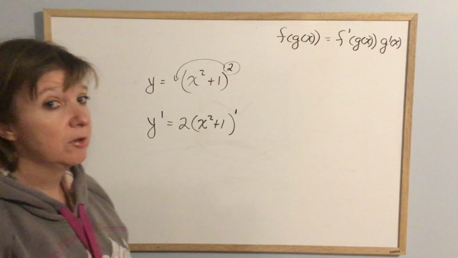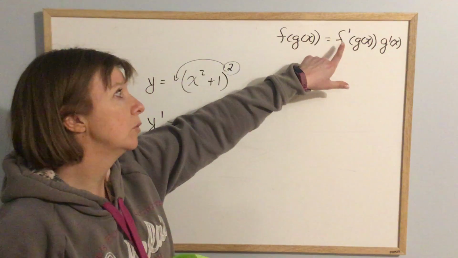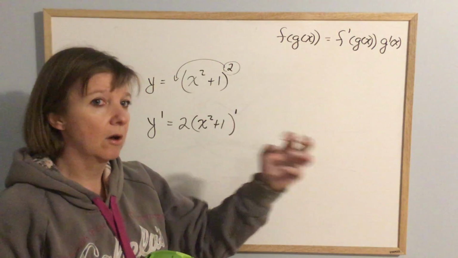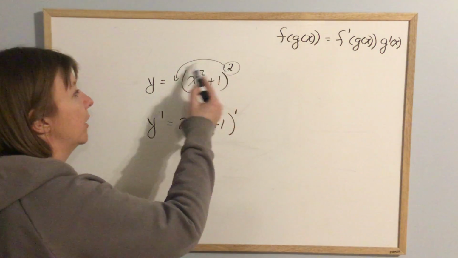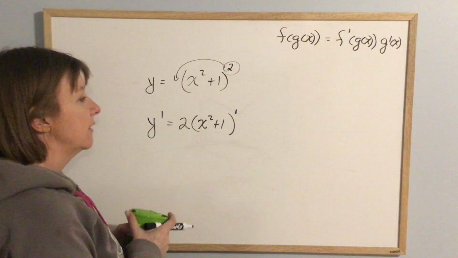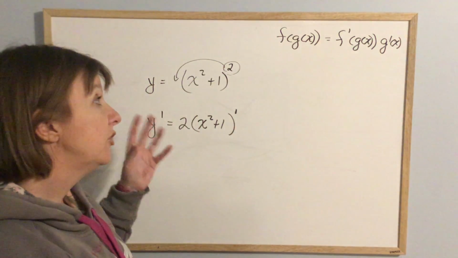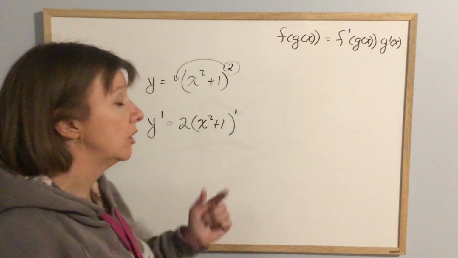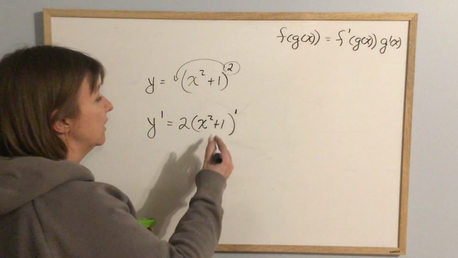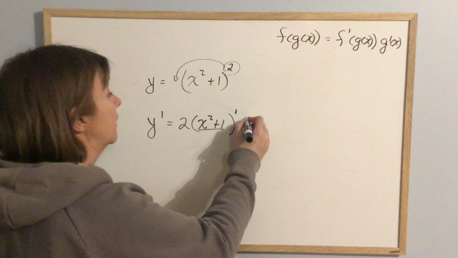So I did the derivative of what I refer to as the outside. They refer to it as the F part of the question. So they brought the 2 down in front, they decreased the exponent by 1, they left the inside alone. Once you've done that, then they say do the derivative of g. Do the derivative of the inside. Well, what would be the derivative of x squared plus 1?